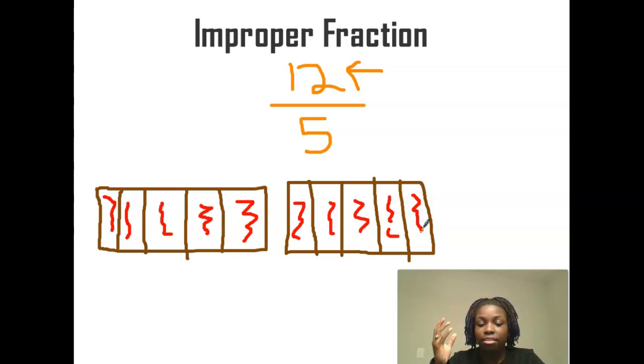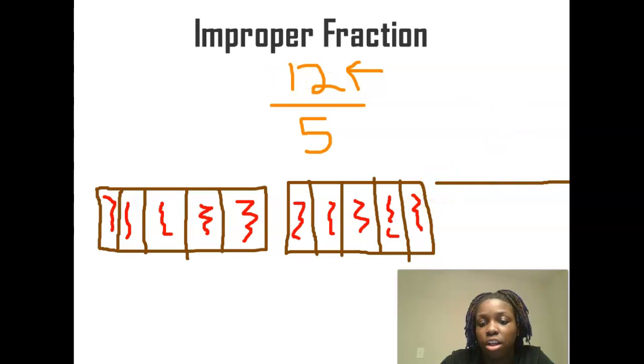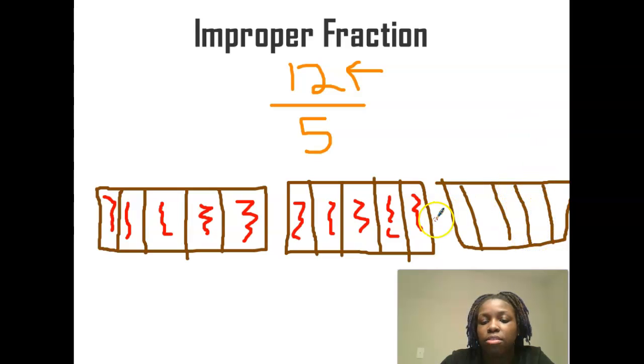Then I realize I still don't have enough shaded. So I have to draw another chocolate bar with 5 sections. So that's 10, 11, then 12. So now I can see that this is 12/5 because there's 1, 2, 3, 4, 5, 6, 7, 8, 9, 10, 11, 12, and then 5 pieces.